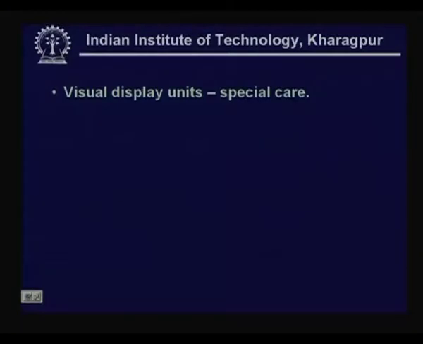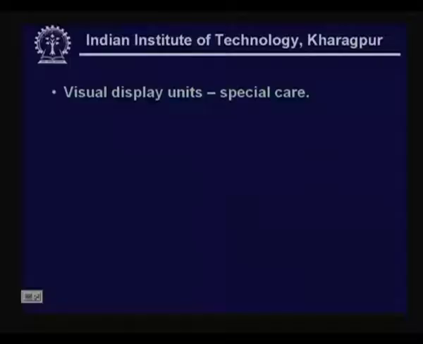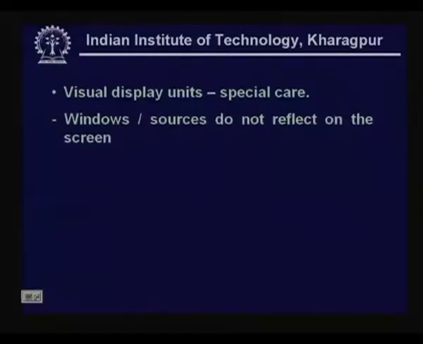In the early days it was only reading and writing, but these days, as I was mentioning, you have desktop computers, or if you are in the laboratories, you have oscilloscopes to observe the signals. For the monitors, which are basically visual display units, there needs to be special care, and as already mentioned, windows and the sources should not reflect on the screen.